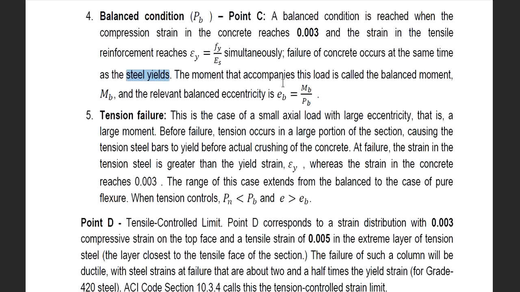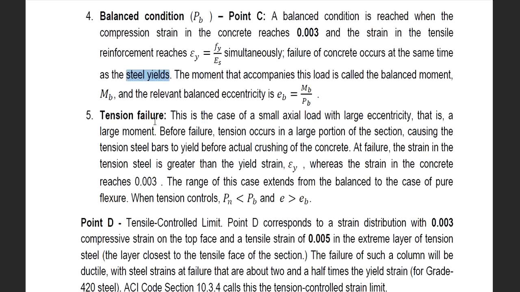The movement that accompanies this load is called as balancing movement. So the movement at which the concrete reaches the maximum compression strain value, that is 0.003, it is called as balanced movement.